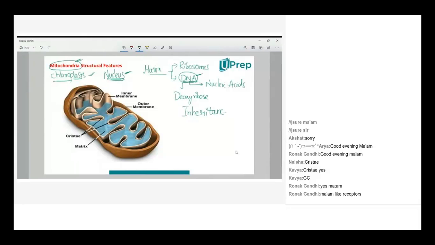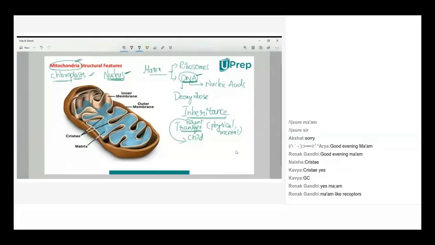The word inheritance means transfer of some characters. Basically physical characters, and not only physical characters but also mental behavior. All those characters will be transferred from parent to child. So this we call inheritance.